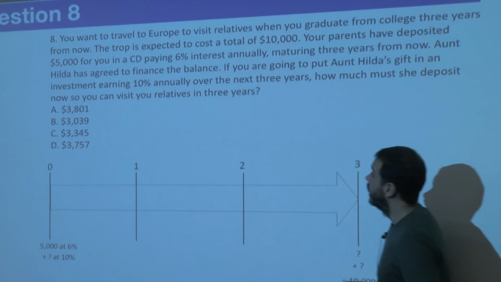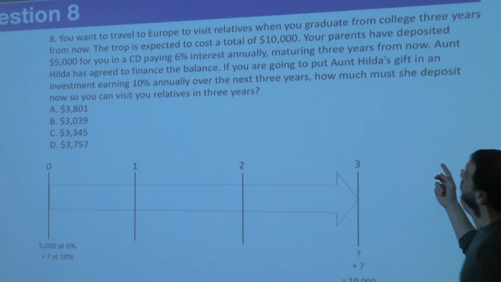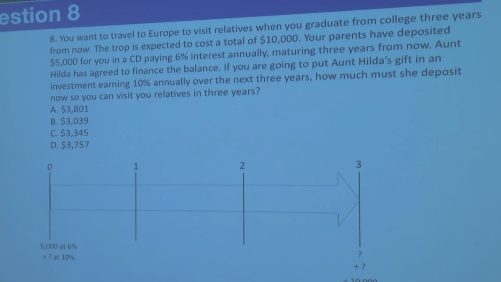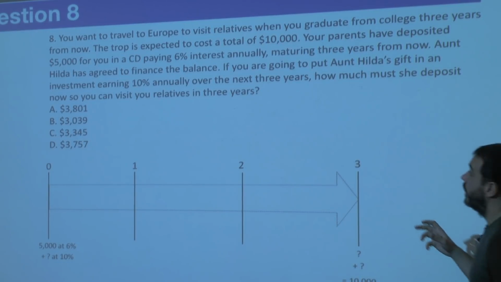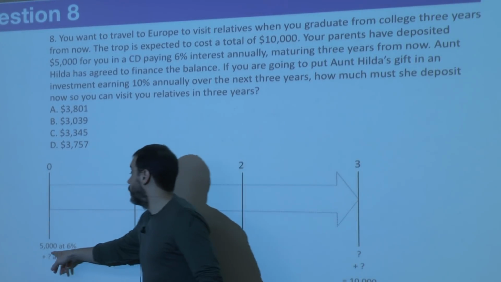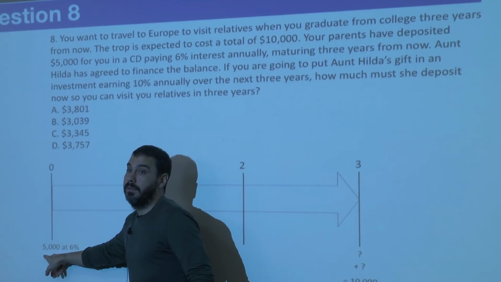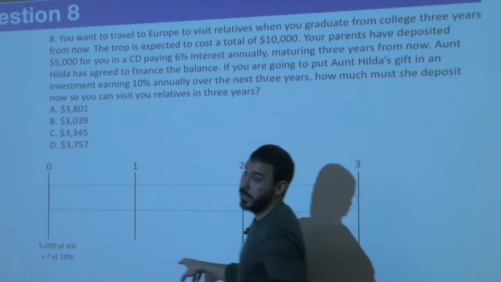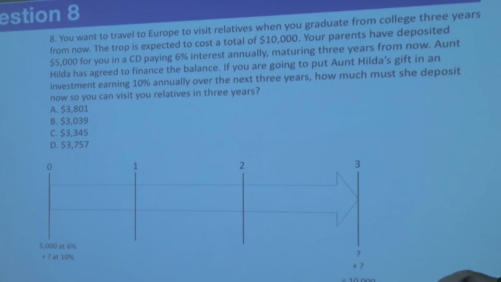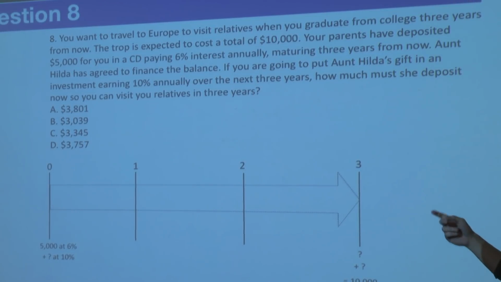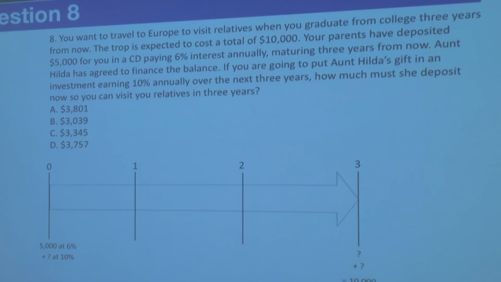Okay? Then you also have an aunt who is giving you some unknown amount that will be invested at 10% for 3 years. You want to know what this unknown amount needs to be.